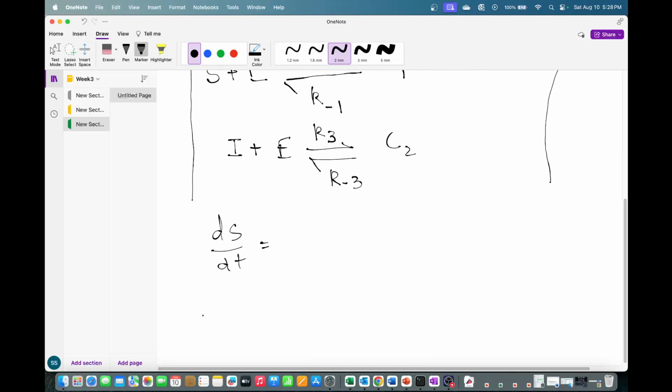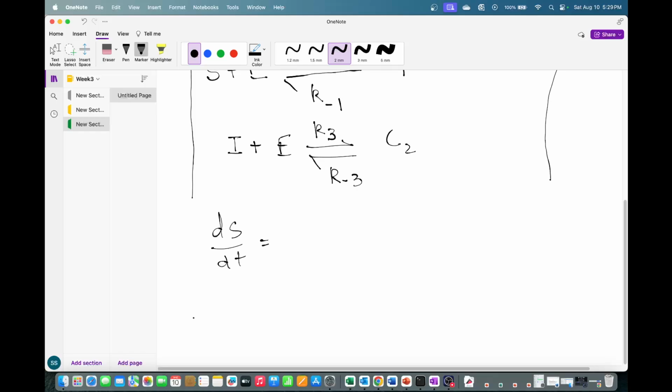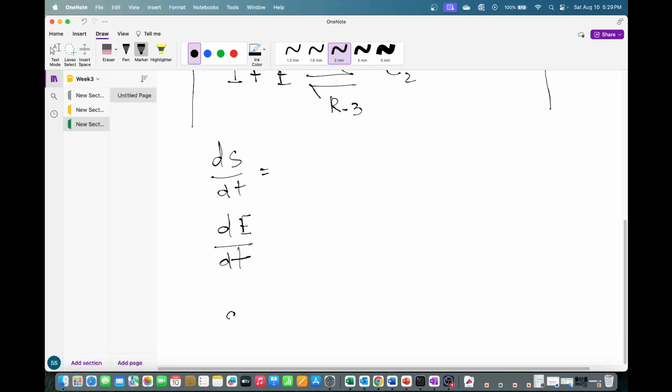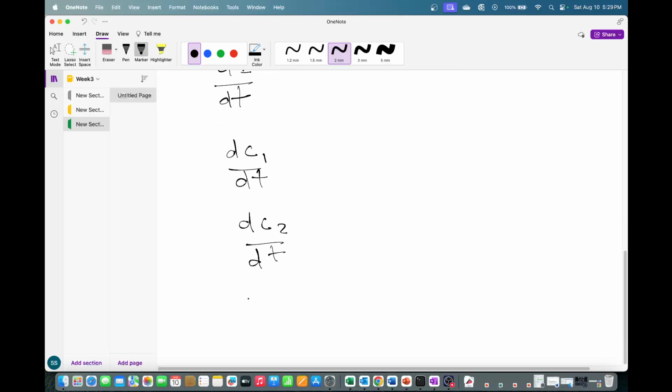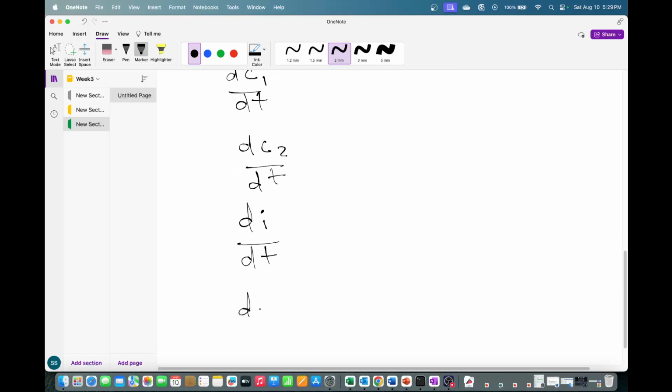Next will be dE/dt. Next will be dC1/dt. Next will be dC2/dt. Next will be d of inhibitor with time. And the final will be dP/dt, the change of product with time.